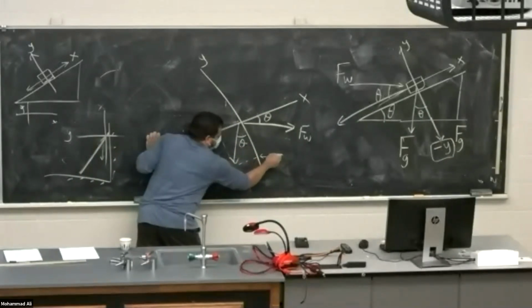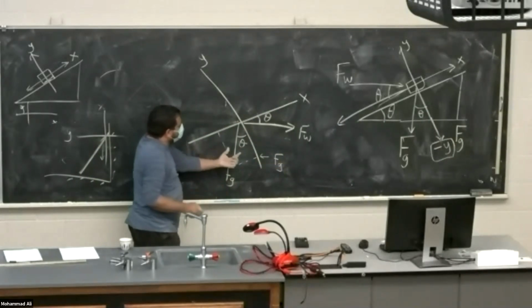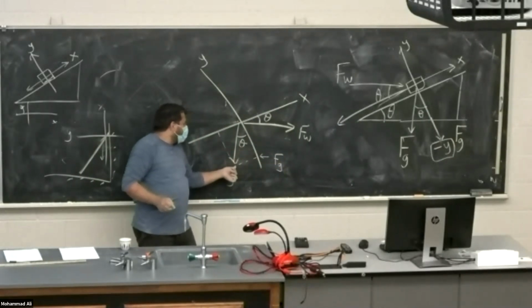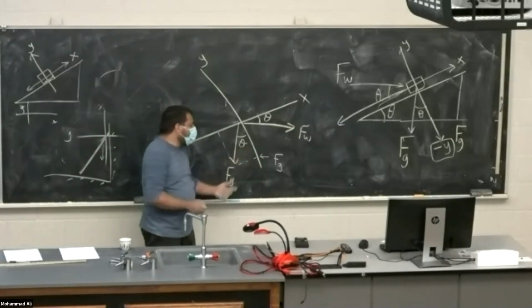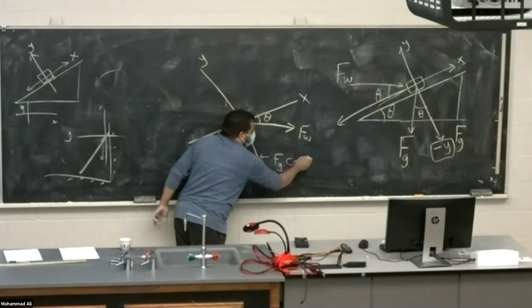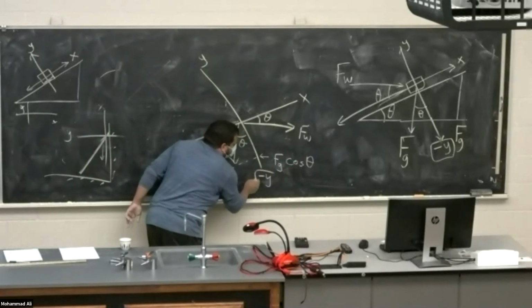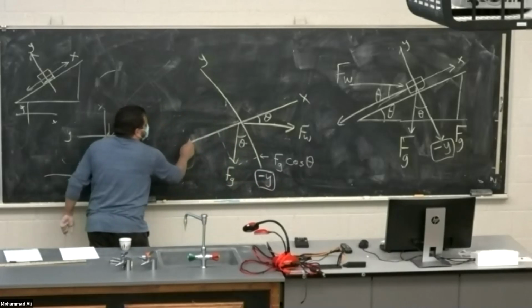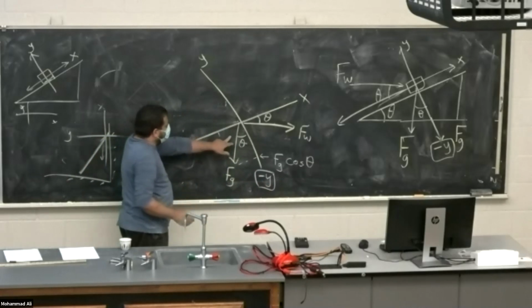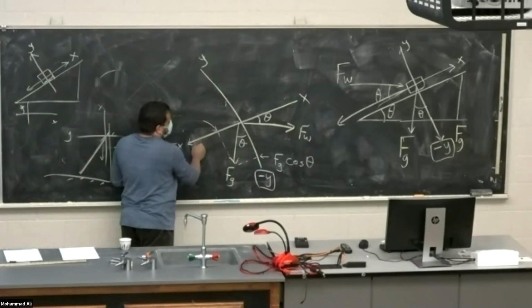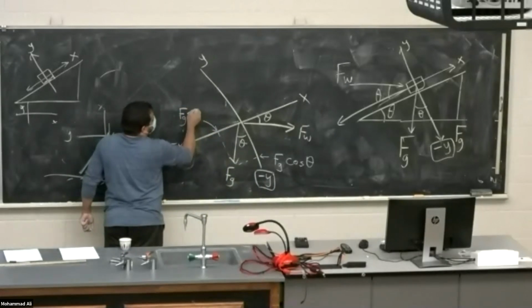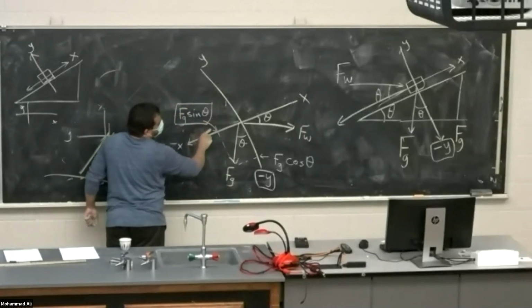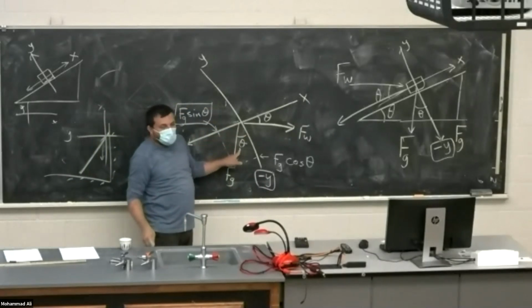This one is Fg. Is it sine or cosine theta? For it is in the direction of theta. Don't look at the axis. Is it y or x? The direction of theta is cosine theta. It is on the negative y. Here, it is negative x. But on this axis, it is Fg sine theta, because theta is on the opposite direction of the force.